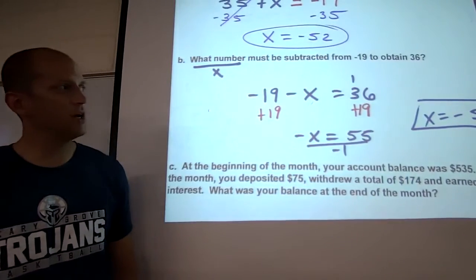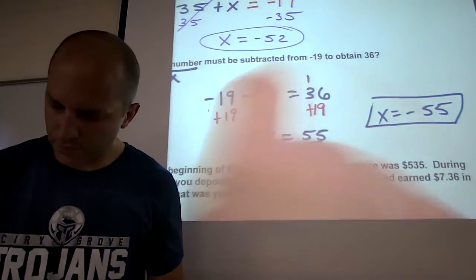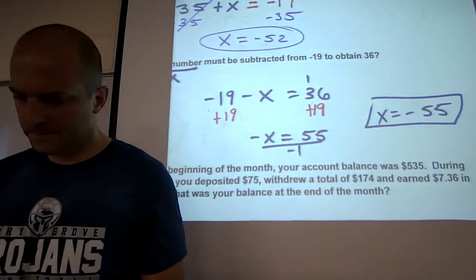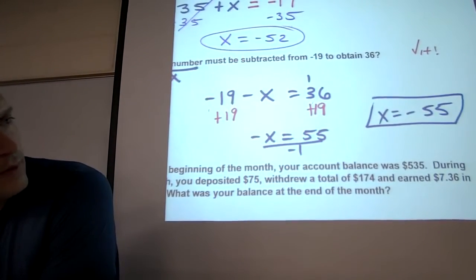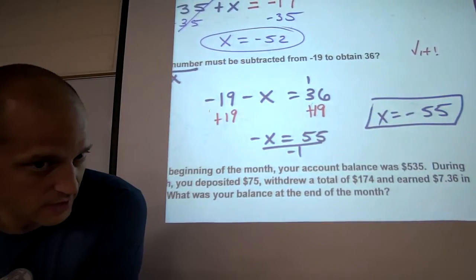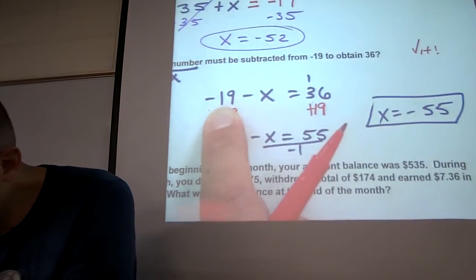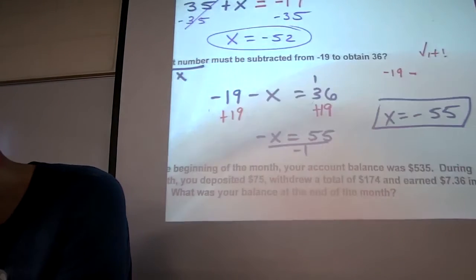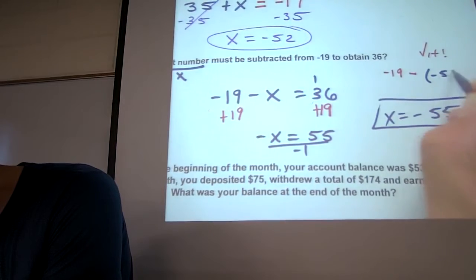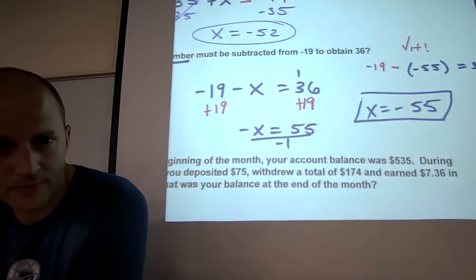Now, if you guys ever want to check your work, once you get something like this, we can always plug it in. MyMathLab will check it for you, and they'll tell you if you're right or wrong, but you could also do this by hand. You could plug in: negative 19 minus negative 55 equal to 36, and I can see if that works out.